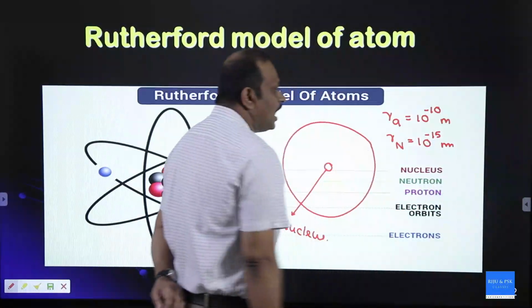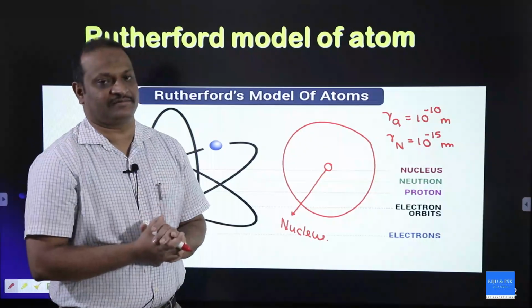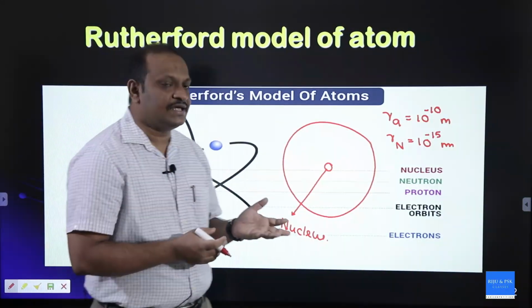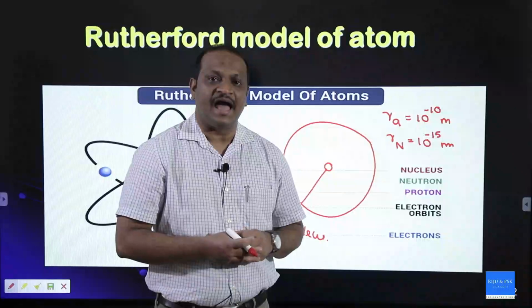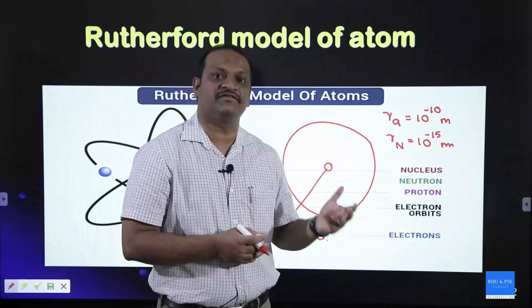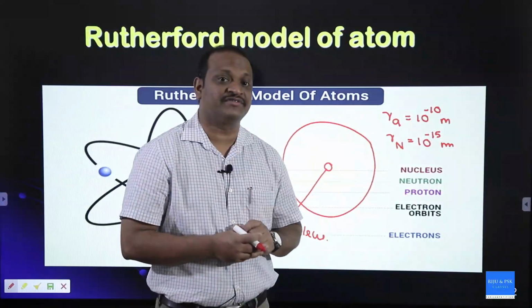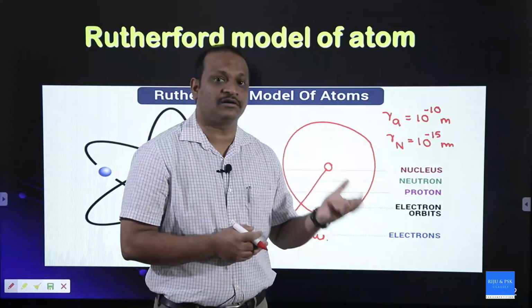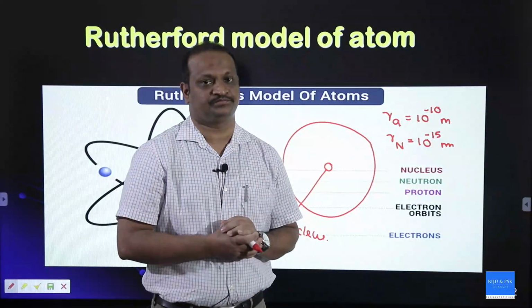You see the size difference? Whenever you compare the radius of nucleus and radius of atom, the atom is about 1 lakh times greater in size compared with the nucleus.